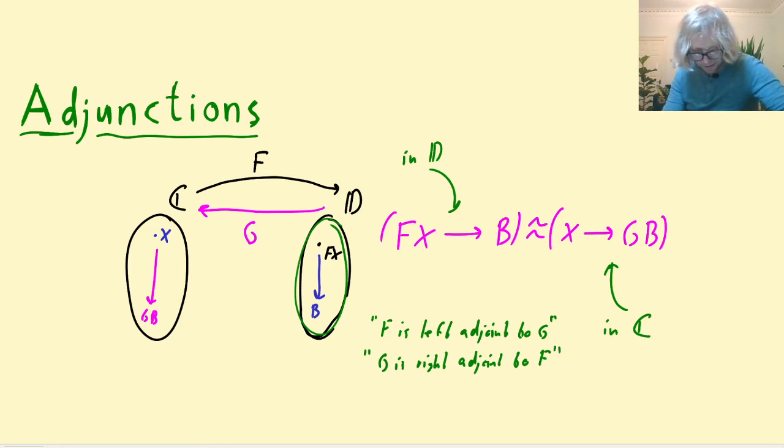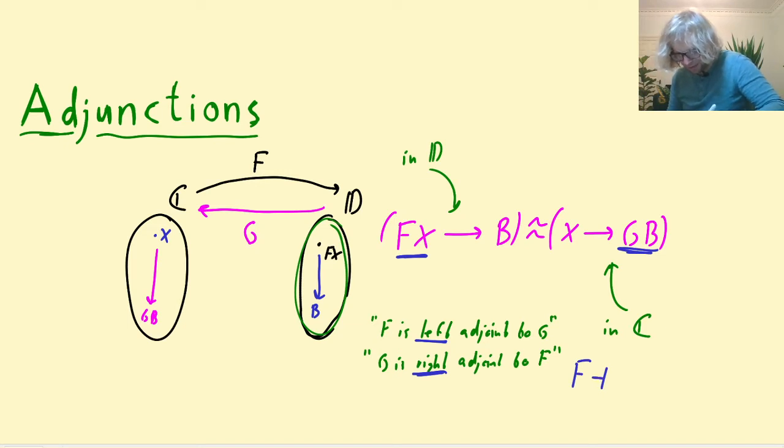So F here is the left adjoint because it occurs on the left, and G is the right adjoint because it occurs on the right in the formula. And another notation for this is to write F and then a funny little backwards turnstile, and then G. It's F on the left here again, right?